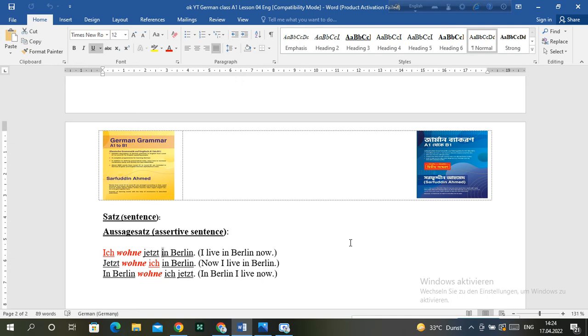In Berlin is also an answer to a WH question, as for example, wo, where. We can use any part of the sentence at the beginning, but right after that, the verb must be used.